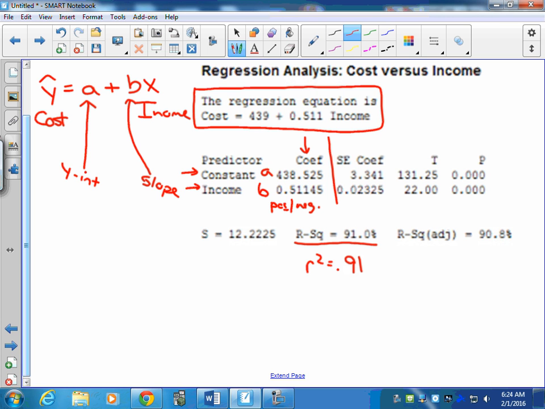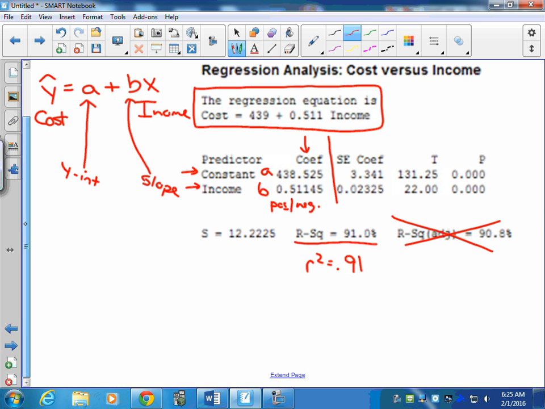Based on this, this looks like a very strong correlation between these two variables. Remember, the one thing we would have to be concerned with here is we do not have the residual plot. If there's a pattern in your residual plot, all things are off. Now the r squared adjusted we only use when we're comparing multiple regressions. So in this situation we're only dealing with r squared.